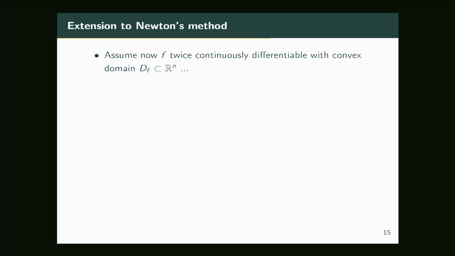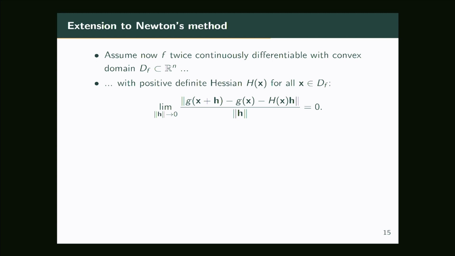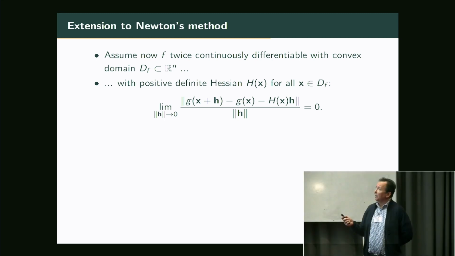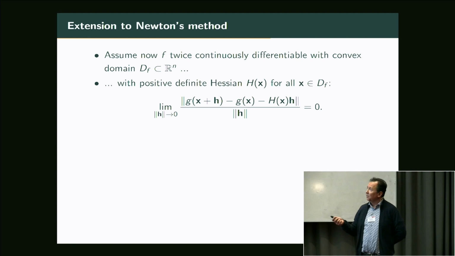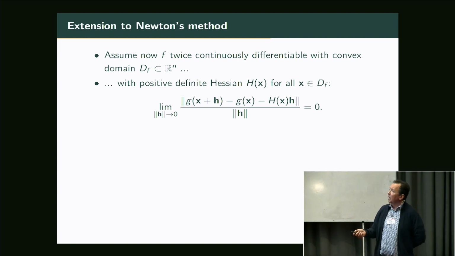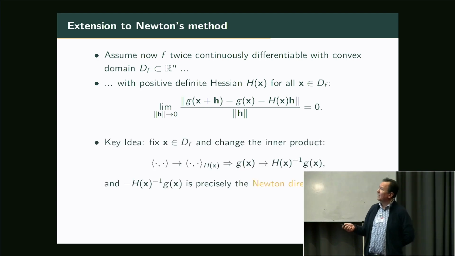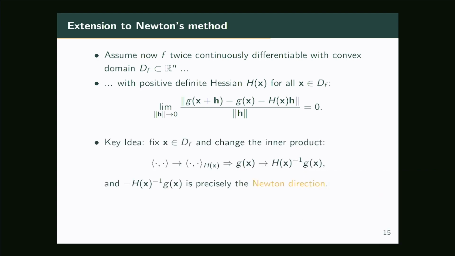Okay, so why is this interesting? It's interesting because then we can analyze Newton's method in this way, not just the Cauchy method. If a function is twice continuously differentiable, then it has a Hessian. This Hessian is self-adjoint, and it satisfies again this equation for the Fréchet derivative. The idea is that we can now fix one point in the domain of the function, and as the positive definite operator, we take the Hessian at that fixed point.